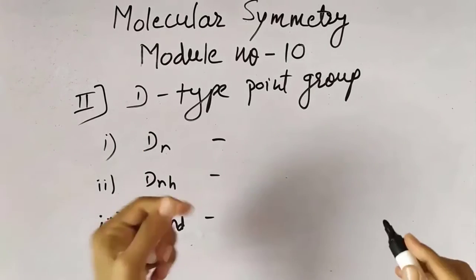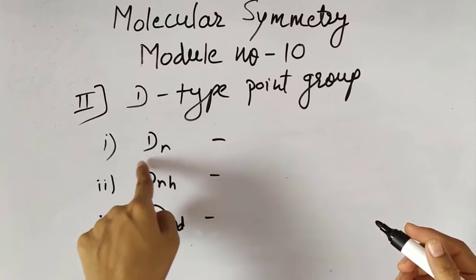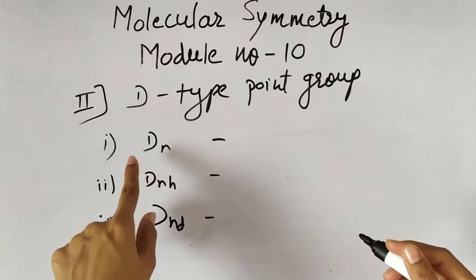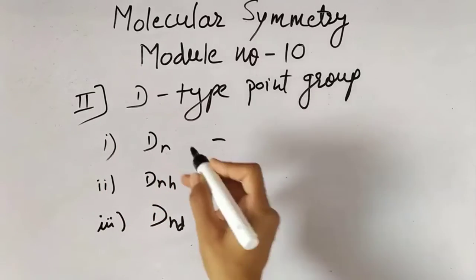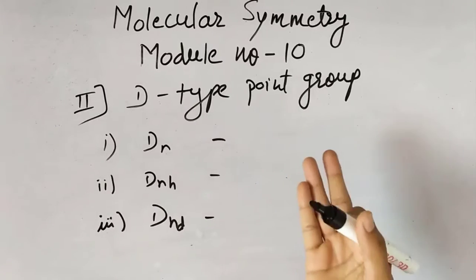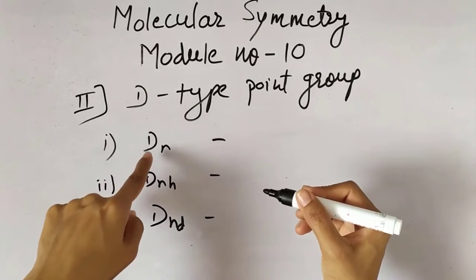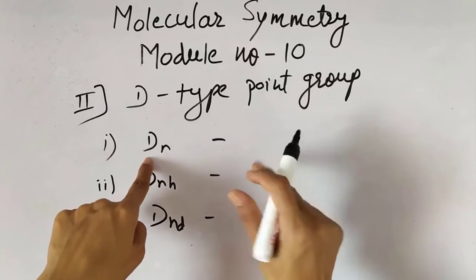What should be present in the molecule in order to have just Dn point groups? Dn indicates only rotation. There is no plane, no inversion, nothing. So Dn will contain, of course, identity. But what definition can you make for Dn?